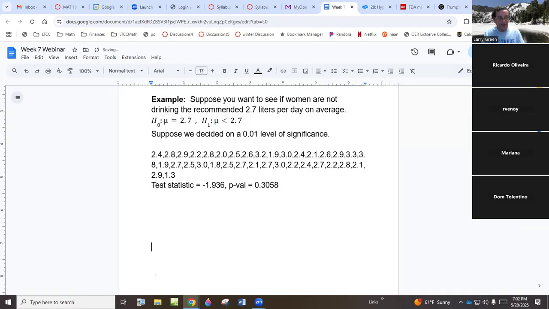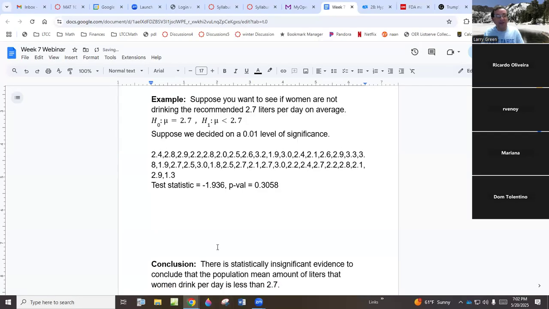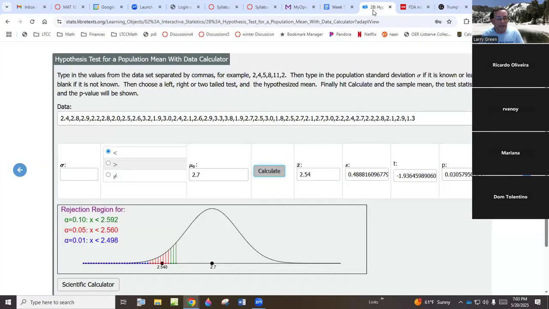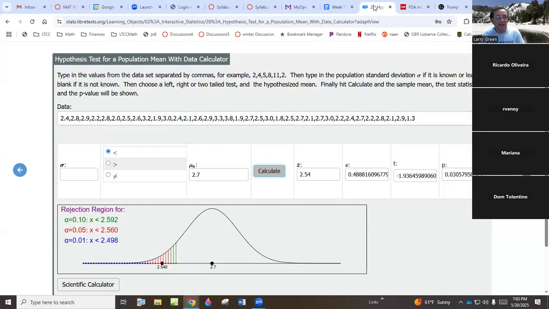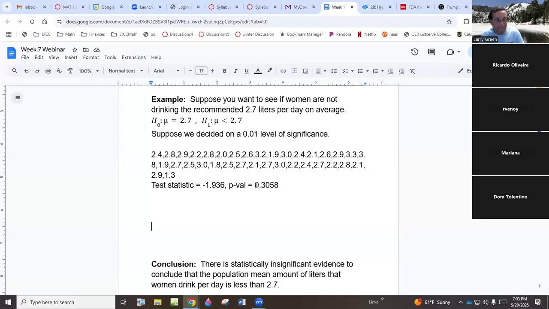Now that we have those, we can state our conclusion. 0.03. I knew there was something wrong. 0.3058. Any questions on that? We have a 0.01 level of significance.